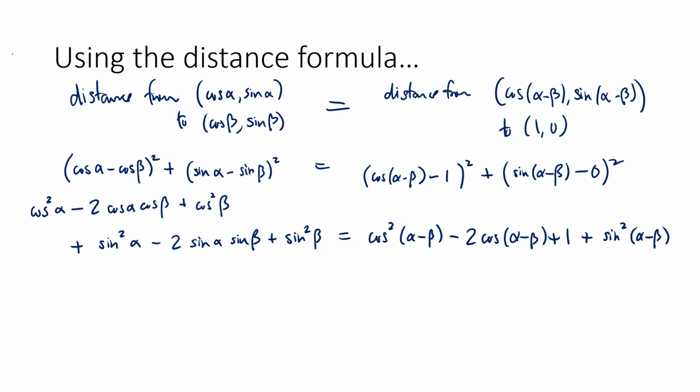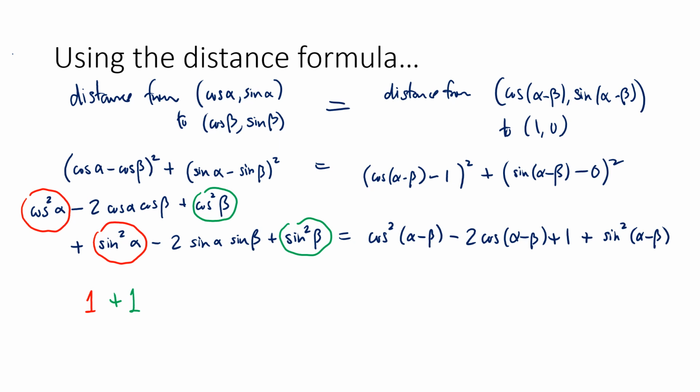Now I'm going to use my Pythagorean identity several times. On the left-hand side, I've got cosine squared alpha plus sine squared alpha. That equals 1. And I've also got cosine squared beta plus sine squared beta. That also equals 1.